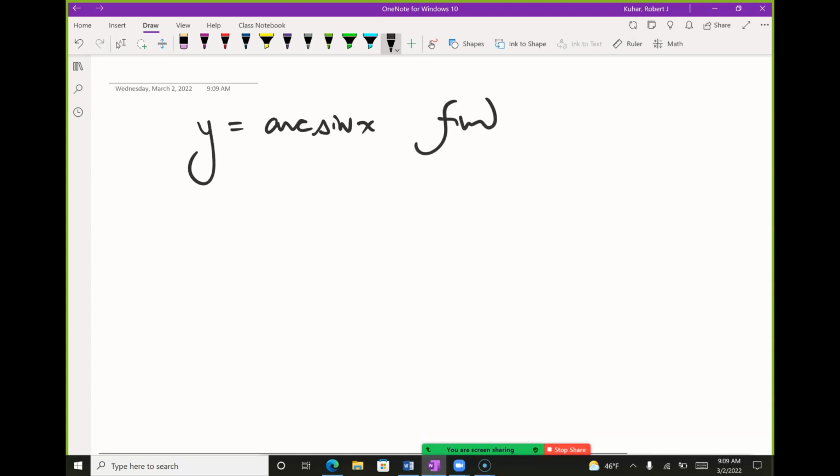Find y prime, right? So again, I don't think in inverse trigs, I think in trigs. So I want to say, using the inverse here, which is the sine function, sine of y should be x. Do we agree?